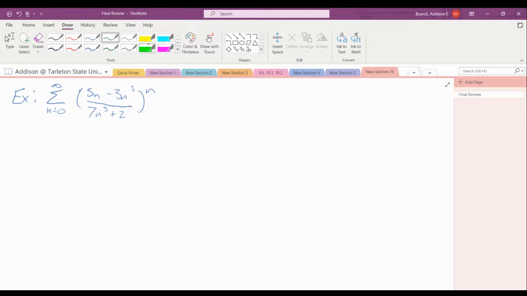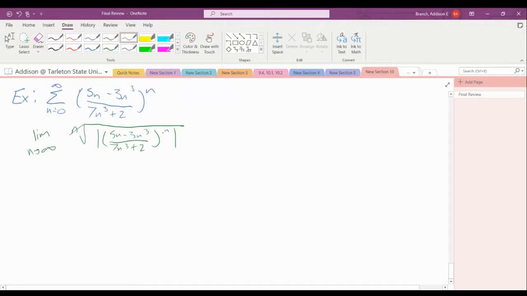This one we see that obvious exponent n, so that's a pretty good sign to use our root test. So we can take our limit as n approaches infinity of the nth roots of the absolute value of 5n minus 3n cubed over 7n cubed plus 2 to the n.